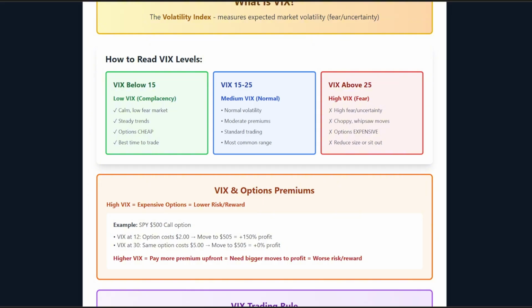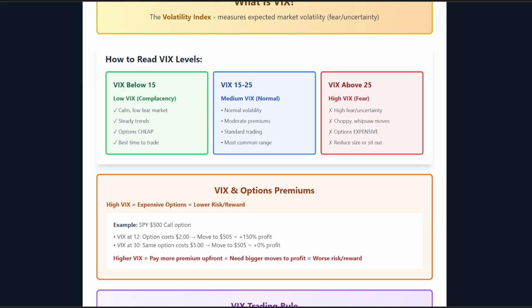We see these crazy moves, and vice versa to the upside. You see that opening move up and then a huge drawdown, and then a huge push back up and then a huge drawdown. We see these wild, sporadic moves when VIX is over 20 to 25, especially over 25. The market's in a state of panic, and you will start seeing a lot of selling cases like this.